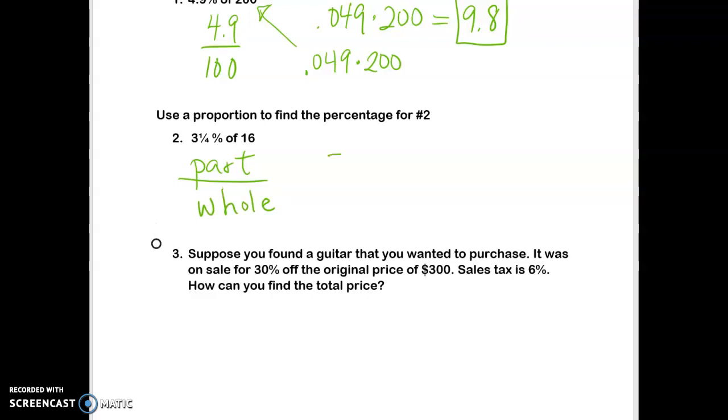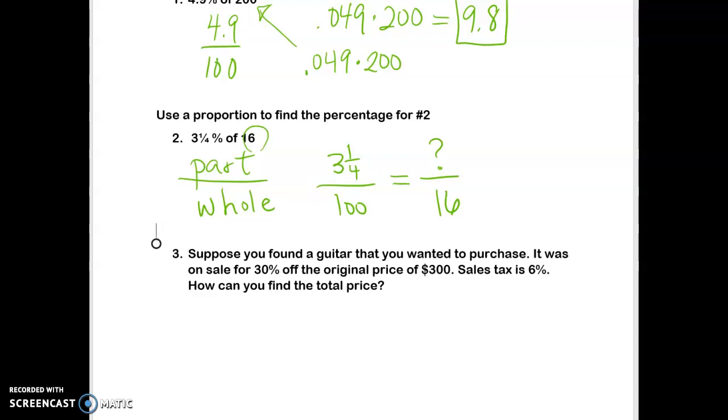Percents always give us the part out of a whole because that's what a percentage is. So 3 1/4 is the part, 100 is the whole. Now we want to find the equivalent amount out of, this time, our whole of 16. So 16 is the whole amount. What is that amount related to 3 1/4%?